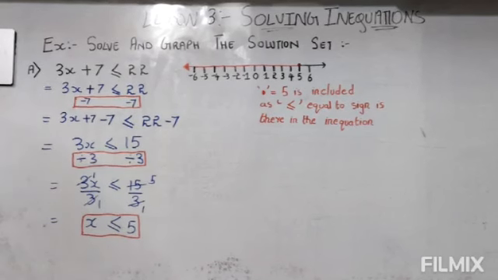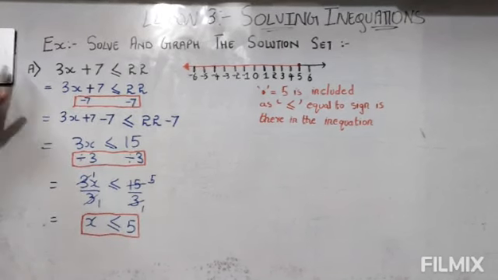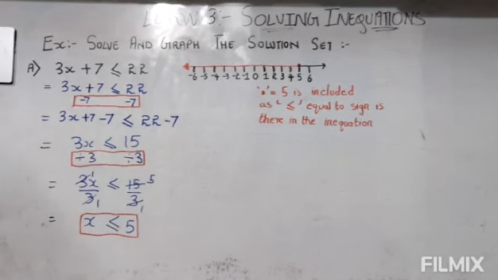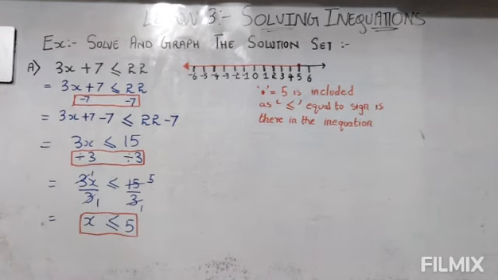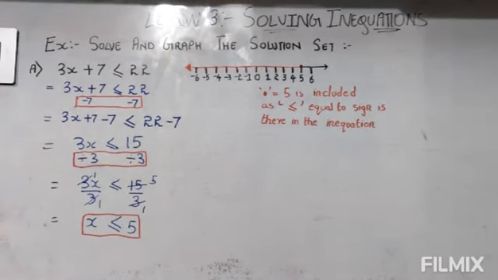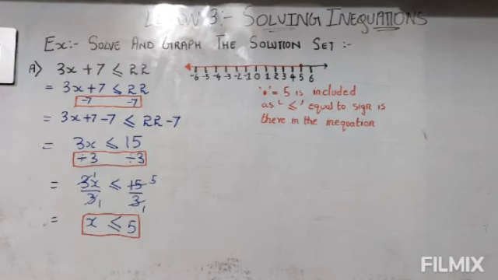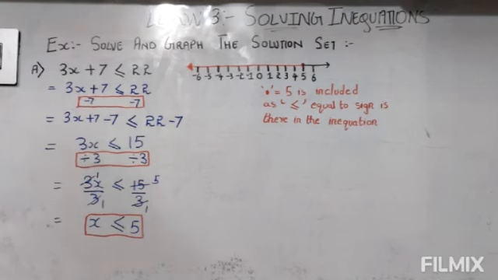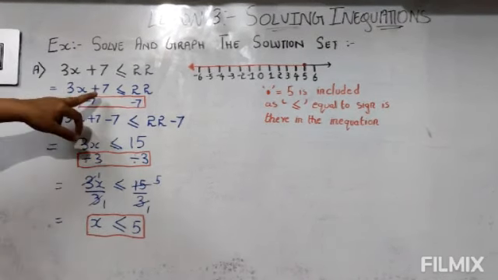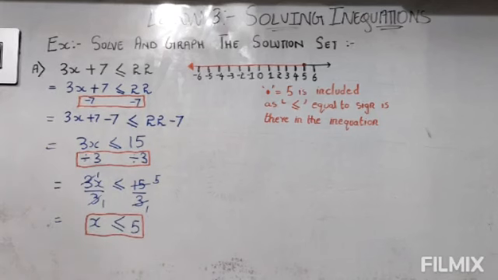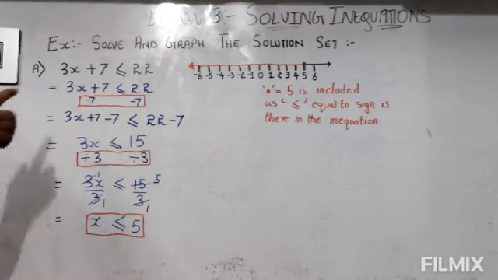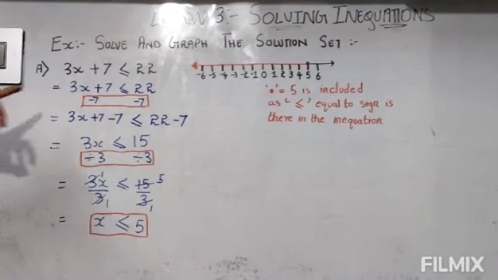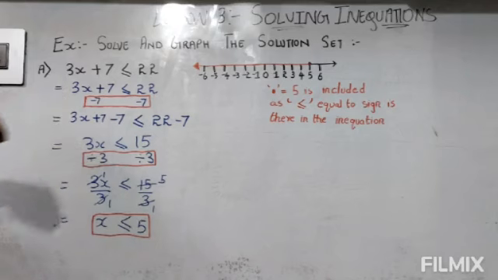Let us take one more example on solving these inequations. Look at the sum. See here, 3x plus 7 is lesser than or equal to 22. If this is the case, how will you solve the problem? As I told you, you should perform the inverse operation. Plus 7 becomes minus 7.